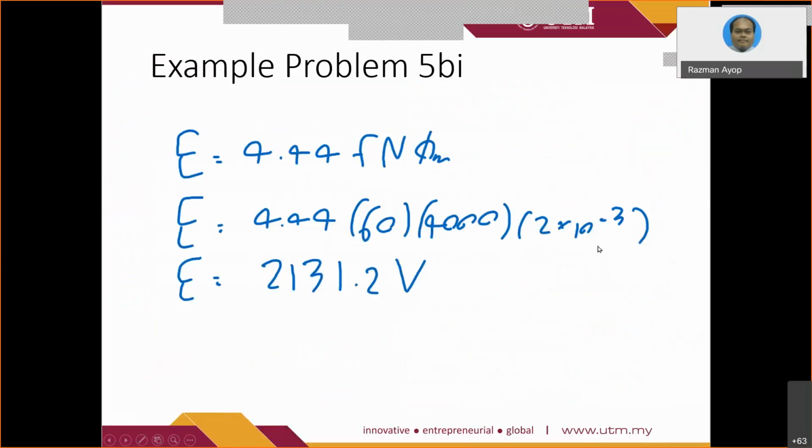This is the step: you just use the formula. This question is usually not asked, so you can understand it, but make sure you know the formula if the question asks you to find the voltage or find the flux.